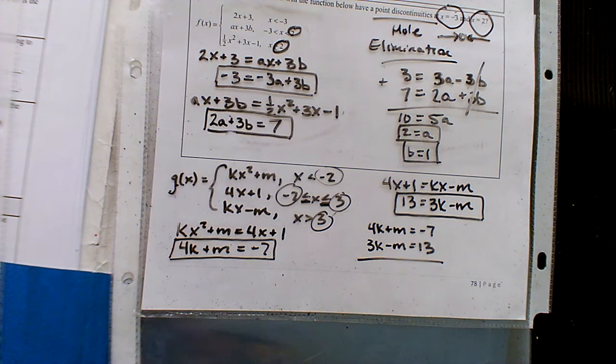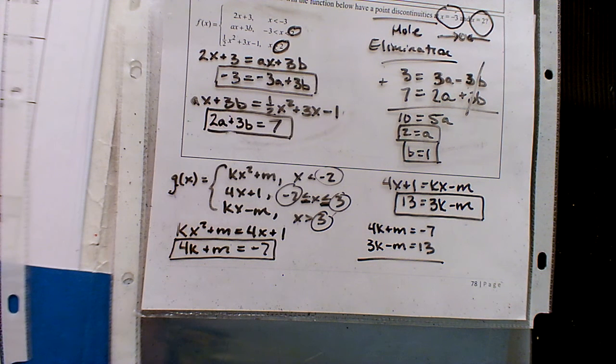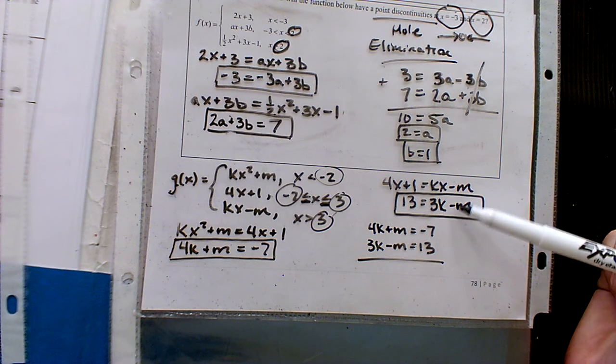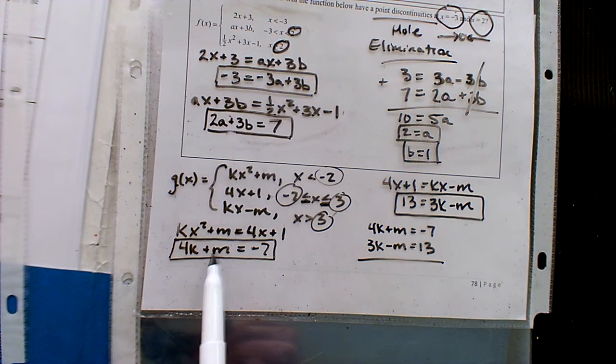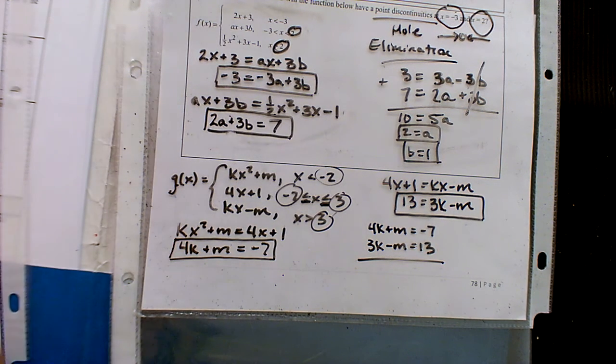All right, so let's see how we did. I was walking around. They look pretty good. I know they're kind of weird answers, but they're still answers nonetheless, right? Depending on which method you chose, I did elimination because at first glance, I noticed how M is negative in one, but positive in the other. So I know those would very nicely cancel out.